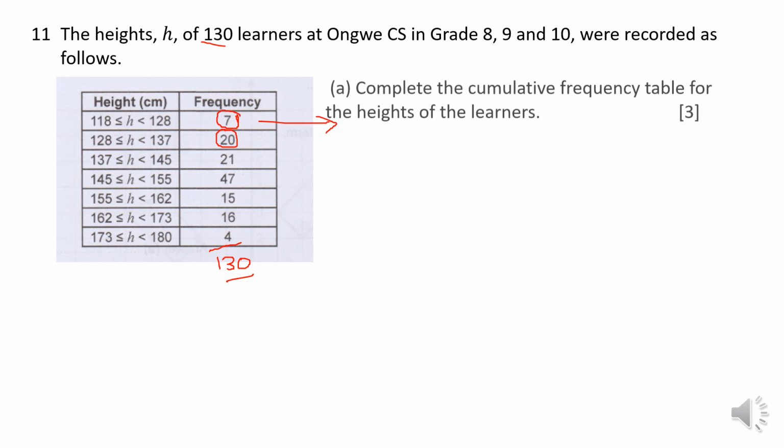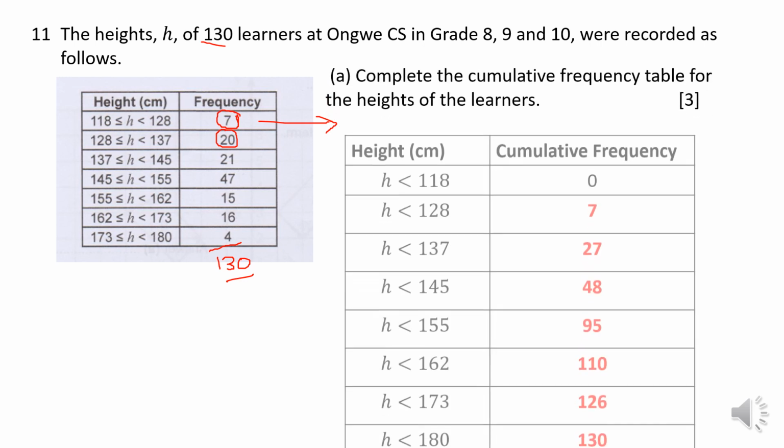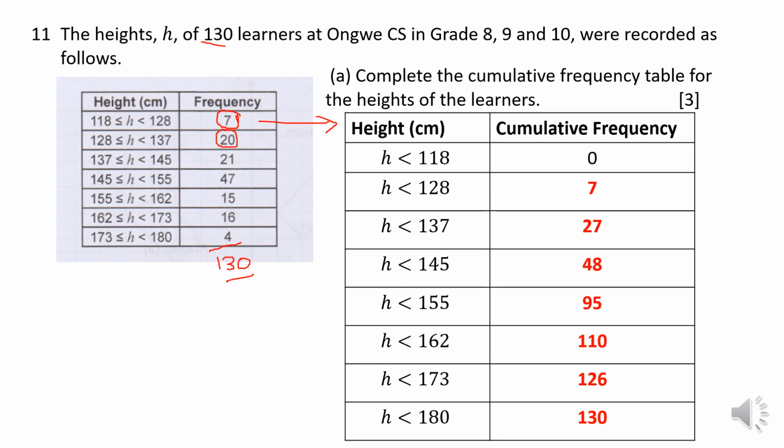Now, they ask us in the first instance to complete the frequency table. So I've done it in red. Cumulative frequency means you just add and you continue: 0 plus 7, 20 plus 7, 21 plus that, and so on, and you get to 130. So you use your frequency table to accumulate, to add up as you go. Learners who have a height of less than 118: nobody.